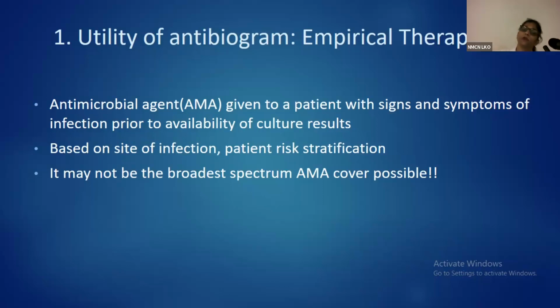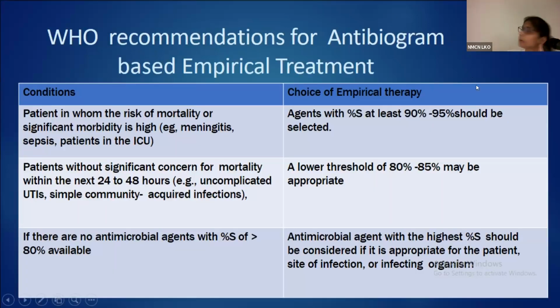It may not always be the broadest spectrum antimicrobial agent. WHO has given recommendations for antibiogram-based empirical treatment. It says that in patients in whom the risk of mortality is high, for example, patients with sepsis or meningitis, or patients in the ICU, we should choose an agent which has susceptibility of more than 90% from the antibiogram, because the antibiogram gives us the susceptibility rates.